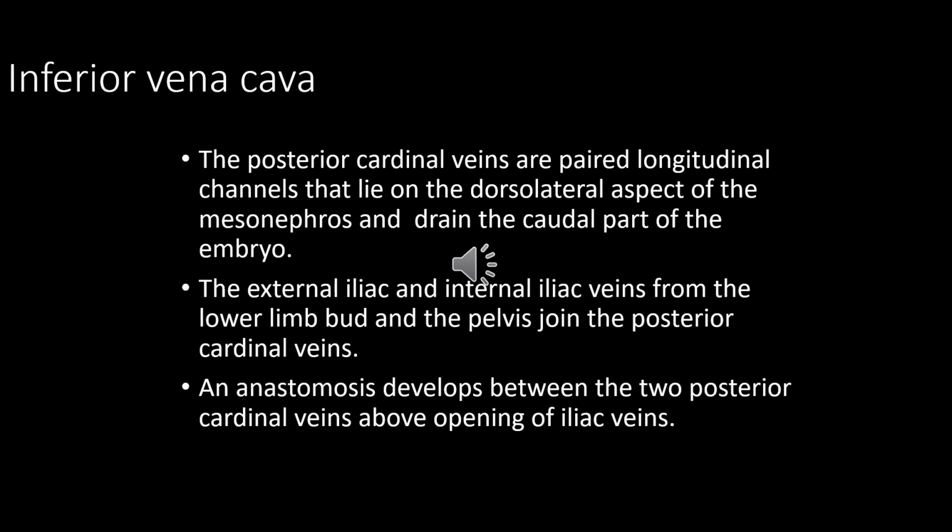Now we will come to the most complex structure to develop, the inferior vena cava. You will remember that the inferior vena cava is mainly derived from the posterior cardinal veins, that is number one.